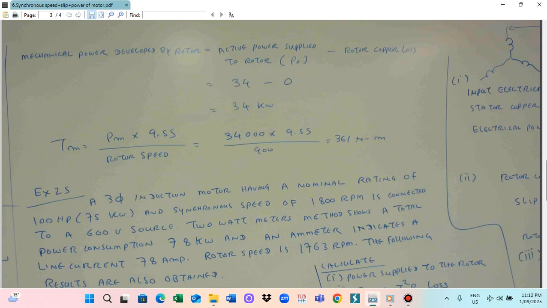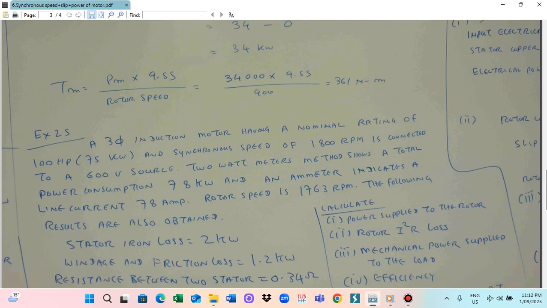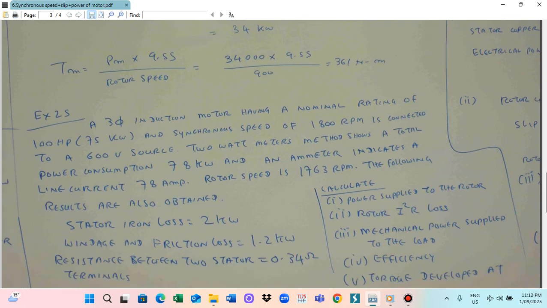From this total power output you can calculate the torque. So you use the formula: mechanical torque equals PM multiplied by 9.55 divided by rotor speed.